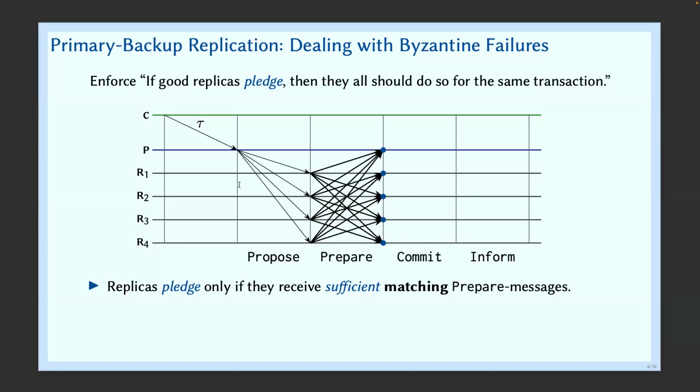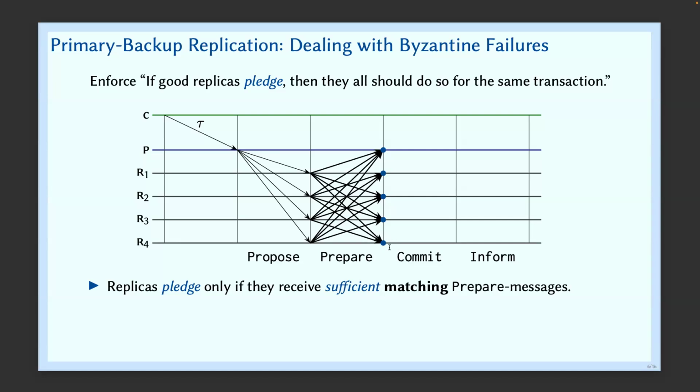What is the message they're receiving that is supposed to be the same? A message from the primary. So at the end of this, for example, R4 can say the majority have received the same message from the primary.